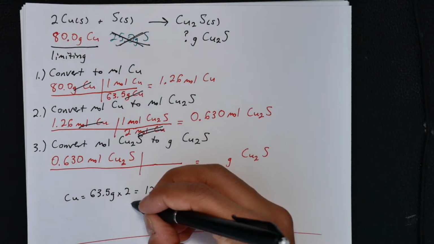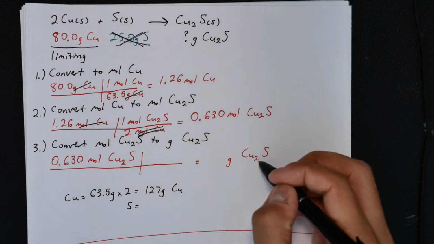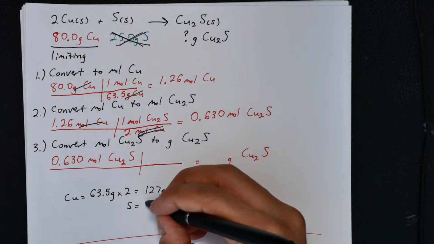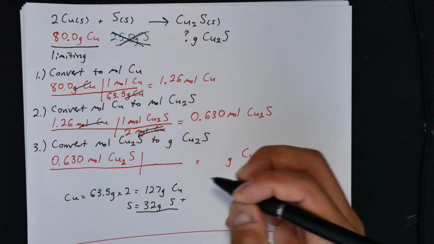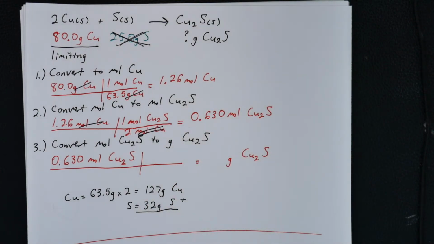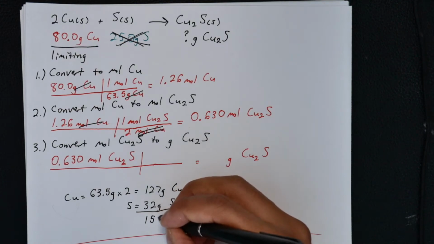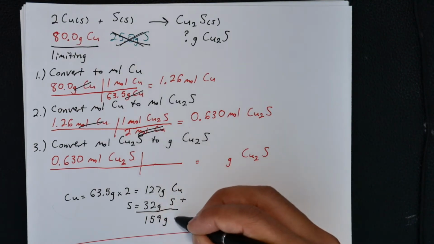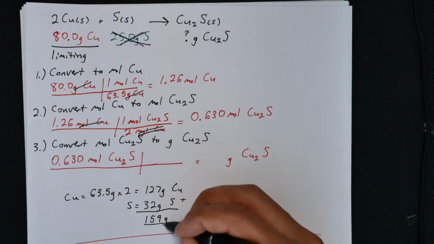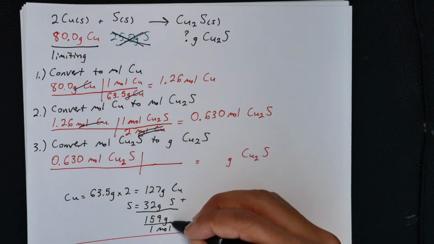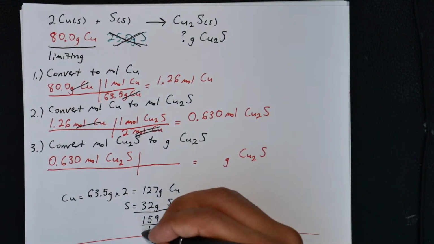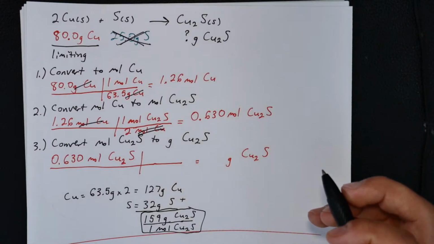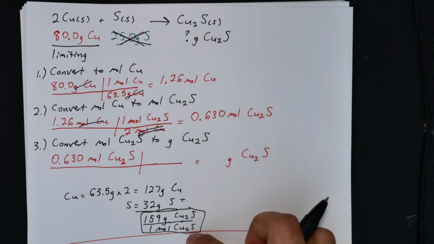Then we have the sulfur, which there's only 1 of, and sulfur has a molar mass of 32 grams per mole. If we add these together, 127 plus 32, we get 159 grams per 1 mole for the copper 1 sulfide molar mass. So here's our molar mass. Hopefully that's still visible.